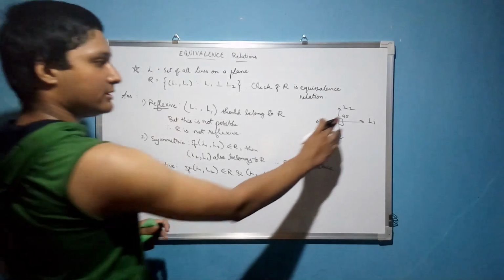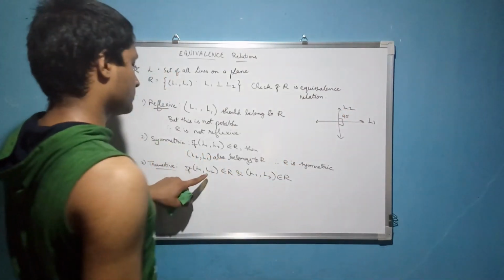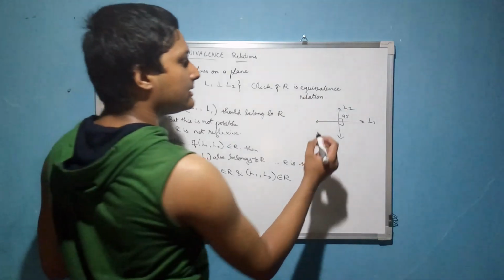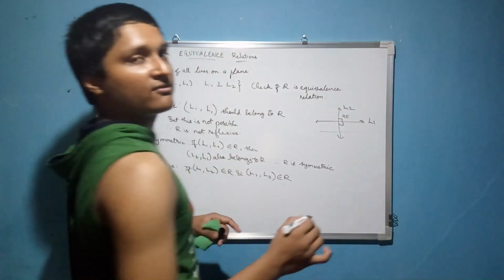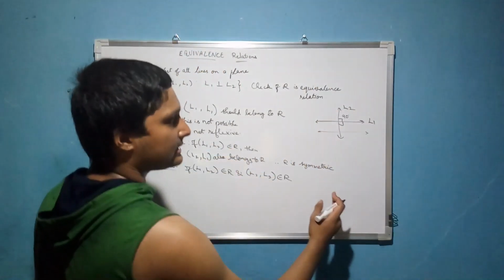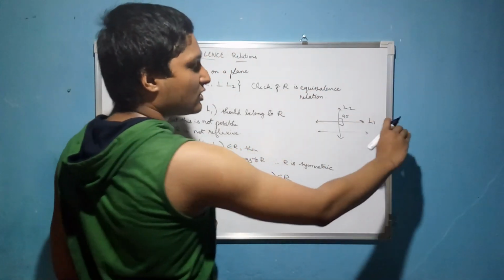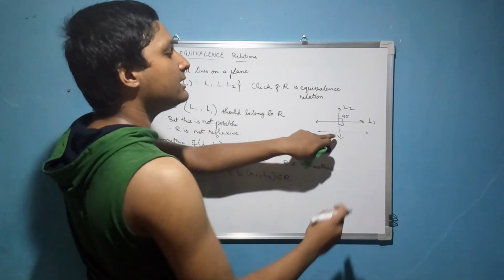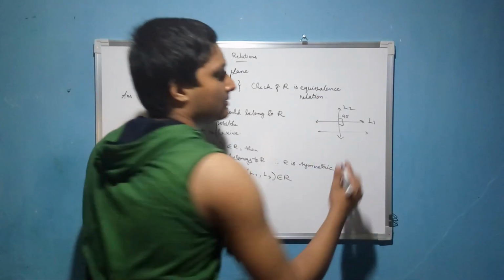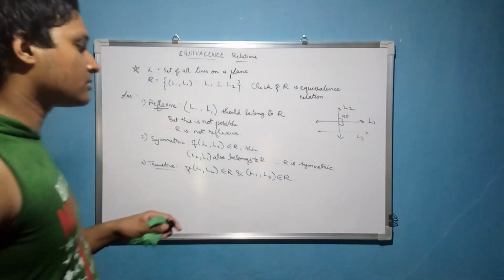We have two lines here. L1 is perpendicular to L2 and L2 is perpendicular to another line. If L2 is a vertical line and L1 is a horizontal line, we need a horizontal line to get a perpendicular for the vertical line. Therefore L3 is horizontal itself.